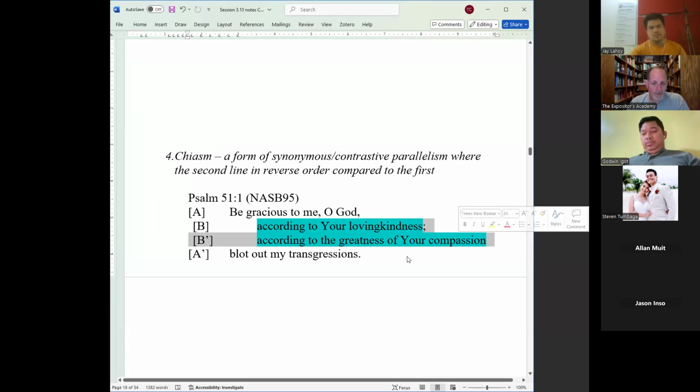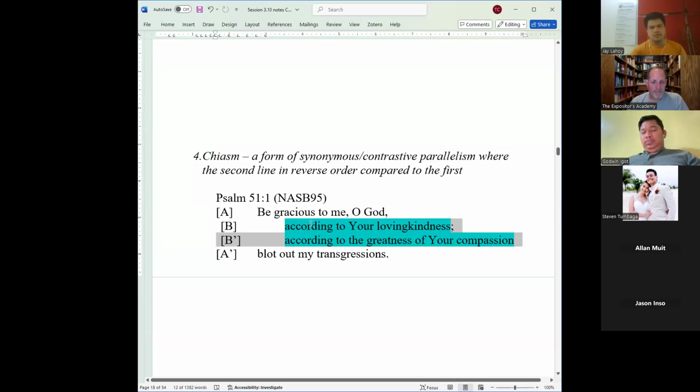So in this case, in verse 1, David, the author, is drawing attention to according to your loving kindness, according to the greatness of your compassion. So if you were teaching or preaching this passage, you would want to give particular attention to this part of the verse, that he's giving a little bit more emphasis on God's loving kindness and his compassion.